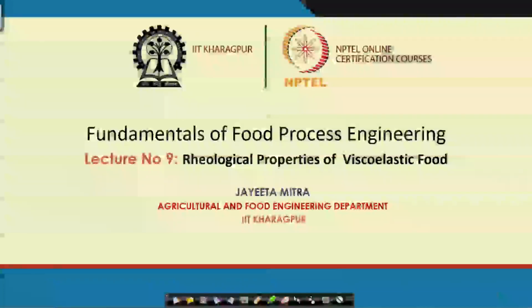We will continue with the viscoelastic properties of food today. So, the rheological properties of viscoelastic food that we started in the last class, we will continue with that. As I said, viscoelastic food can be characterized by stress relaxation behavior and creep behavior.